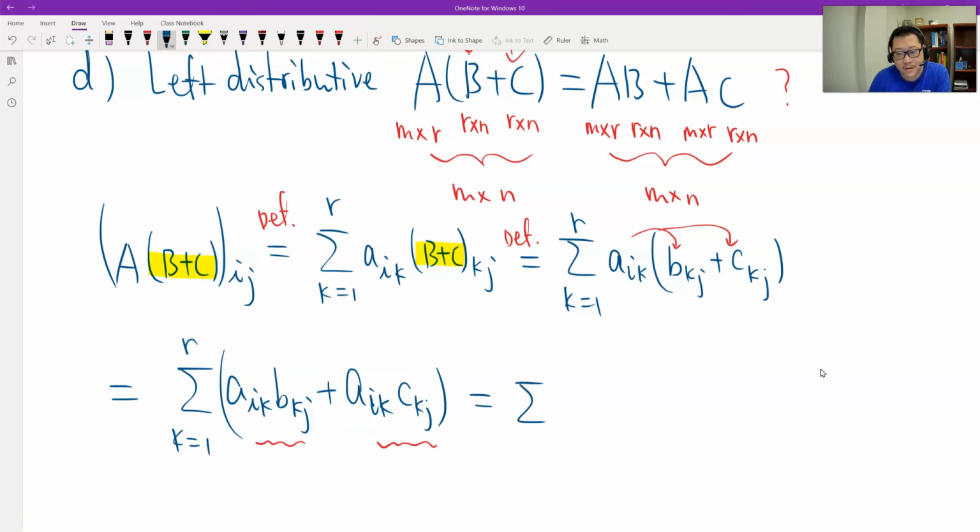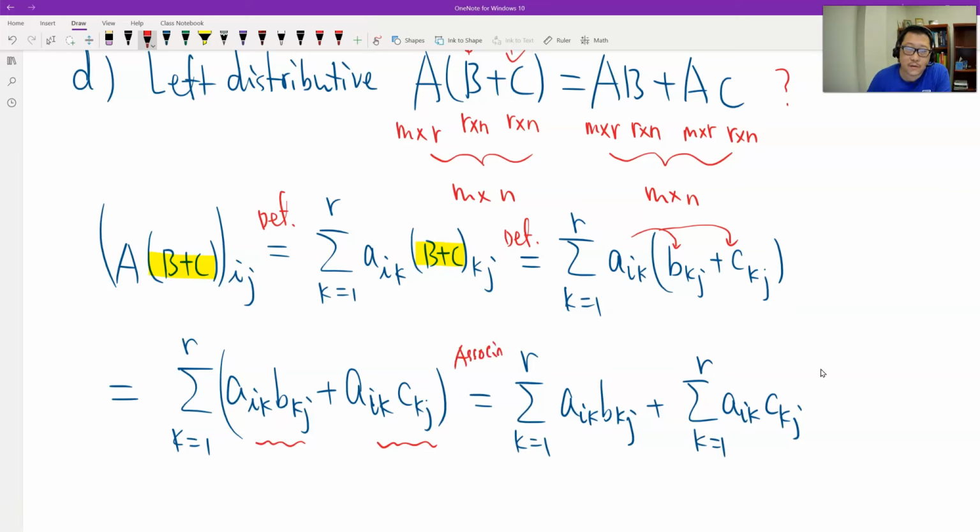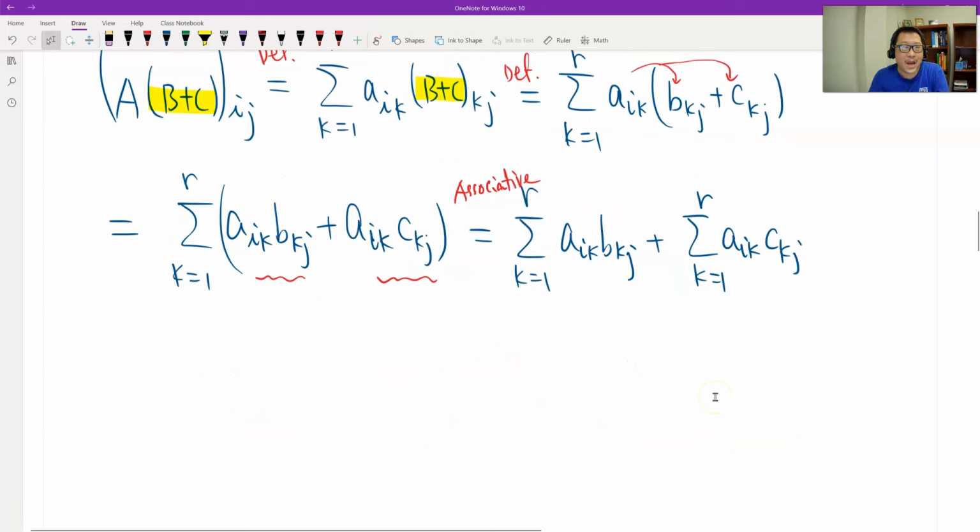The first term is the summation of A_IK B_KJ, K from 1 to R, and then plus the second, the summation of A_IK C_KJ, K from 1 to R. So we associate into two groups, or combine like terms.